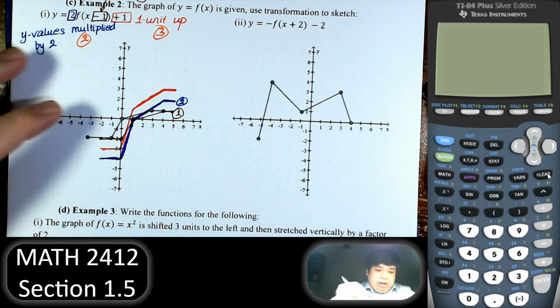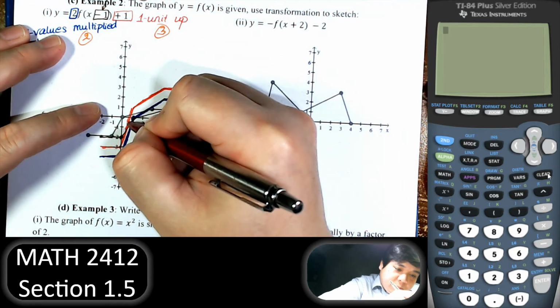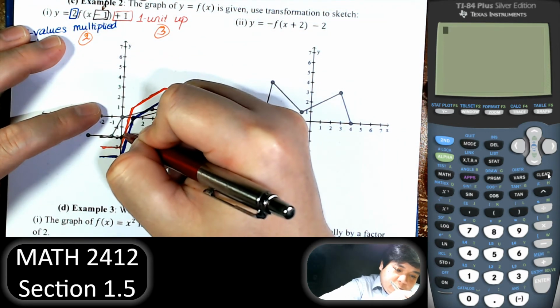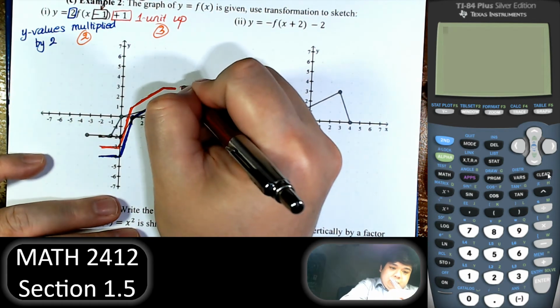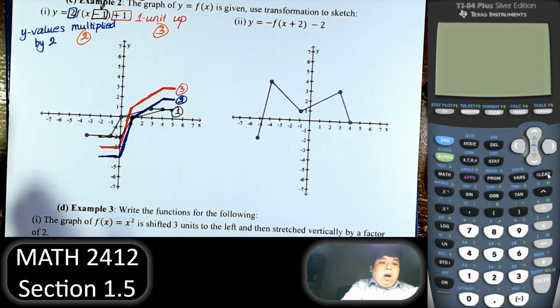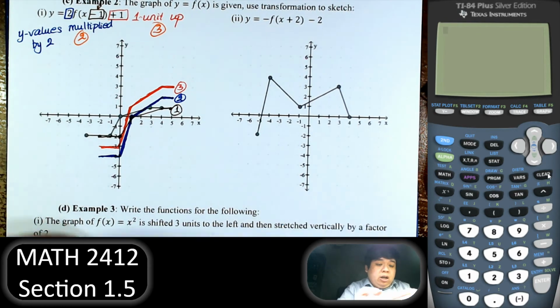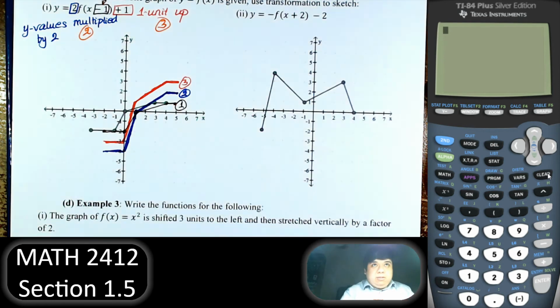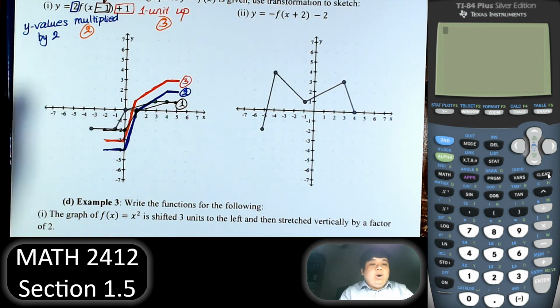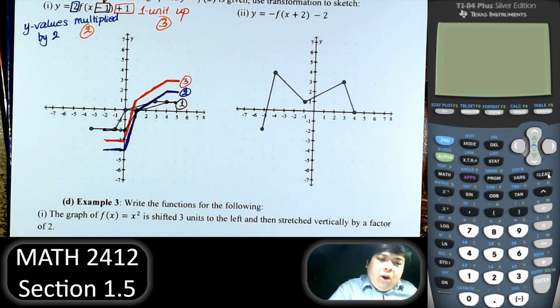So that's what we have. Right. So 1 unit to the right, stretch it by 2, and then 1 unit up. So those are the order of transformation.